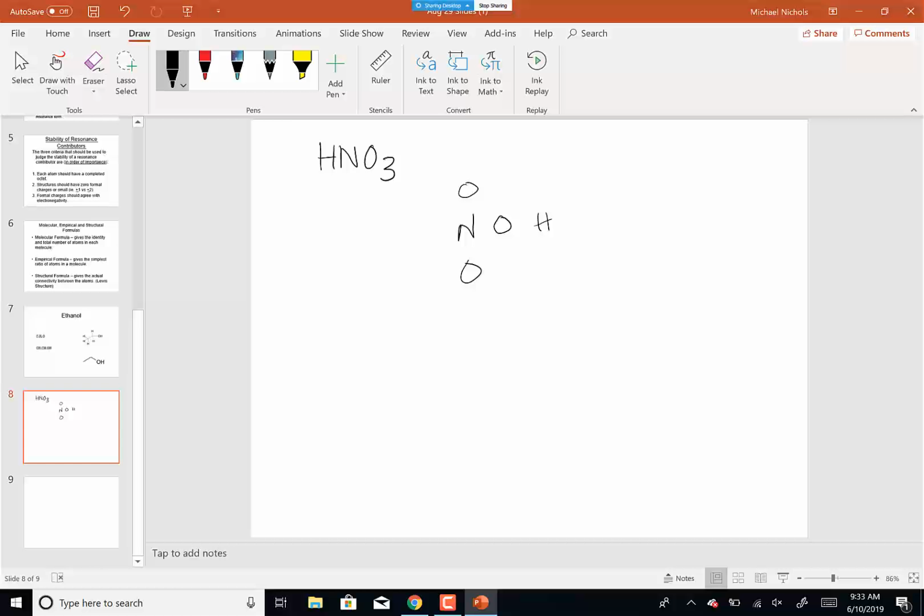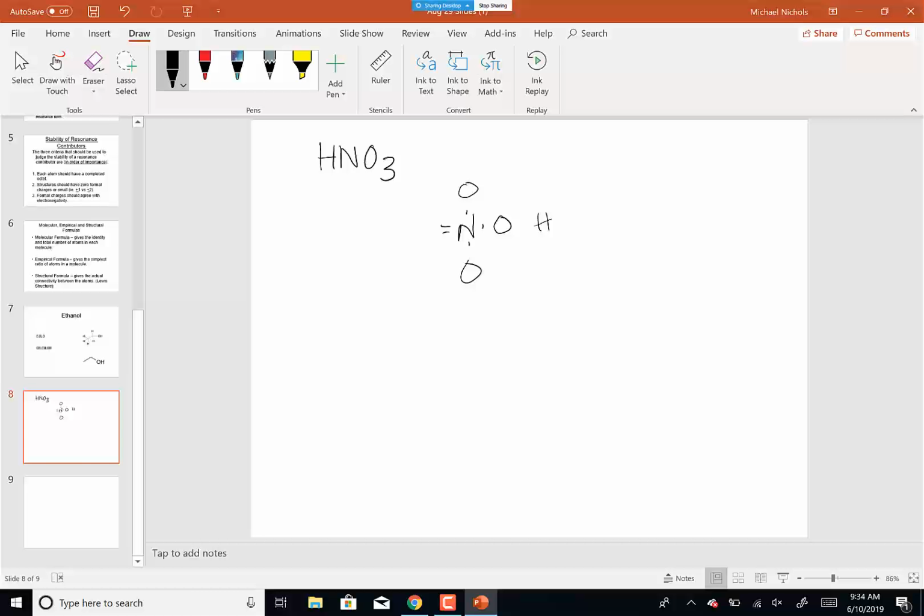Okay. So the next thing, what should we do? What I like to do is to give each atom its valence number of electrons, or the Lewis dot structure with its valence number. So for nitrogen, since nitrogen is group 5, it's going to get 5 valence electrons, so 1, 2, 3, 4, 5.